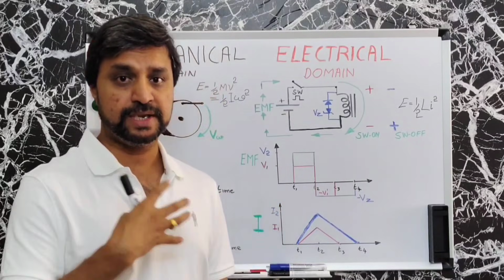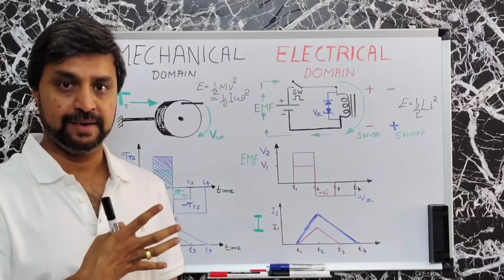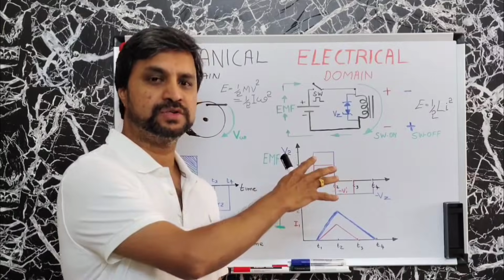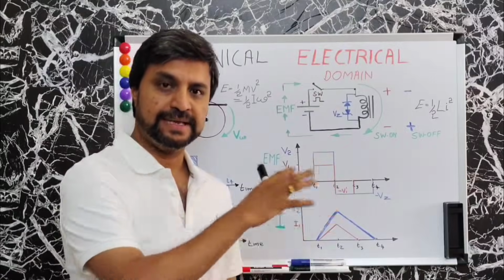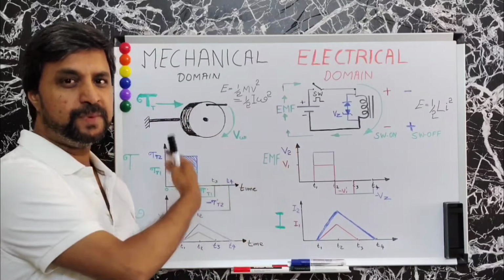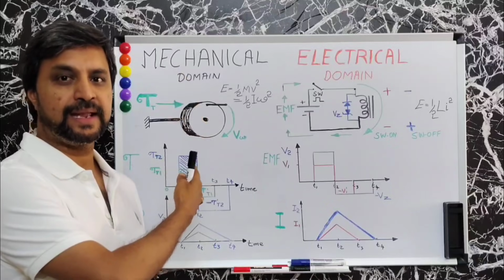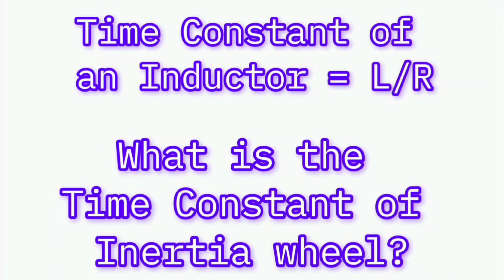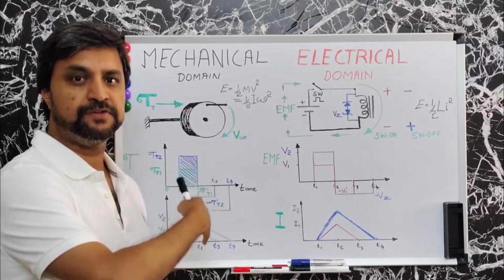But still, if you take it in an analytical way, you will realize that both are nothing but a first order system. And from my electrical textbooks, I know that the time constant of an inductor is L by R. In the same way, there should be an analogy in this mechanical domain, which I presume will be moment of inertia divided by the friction.